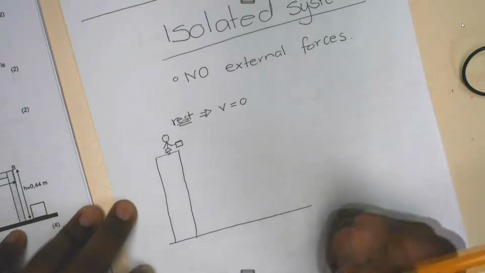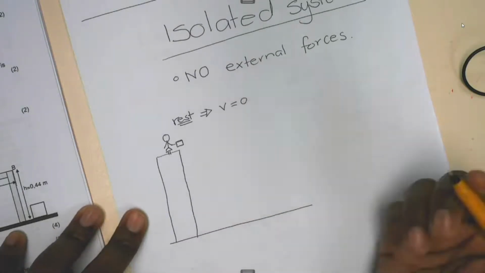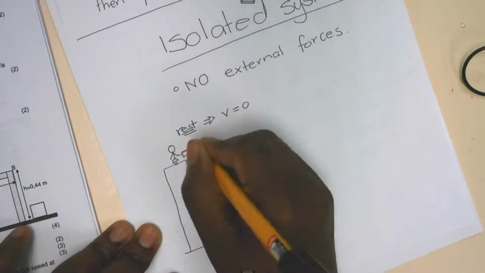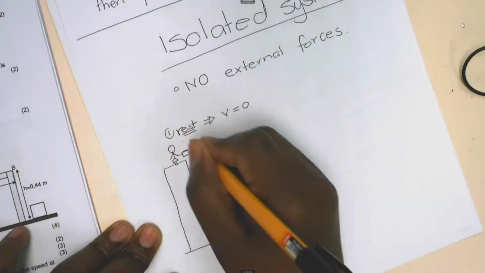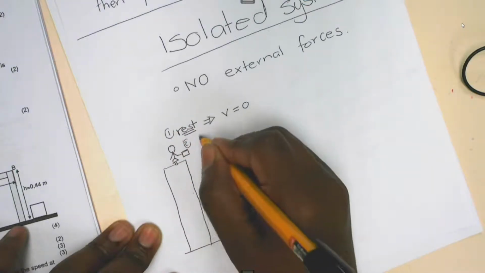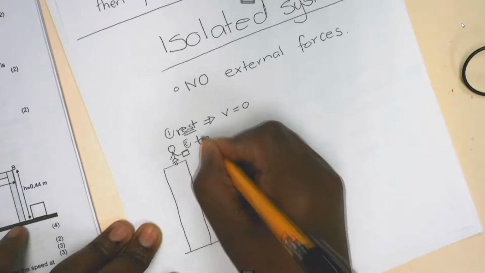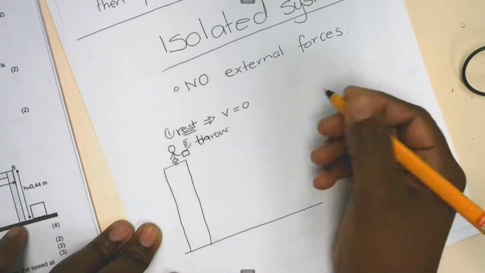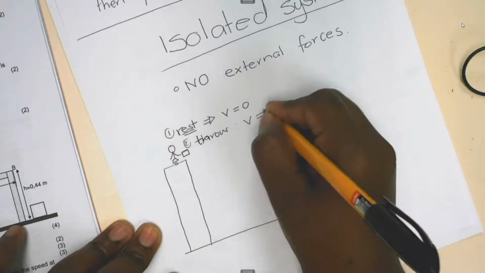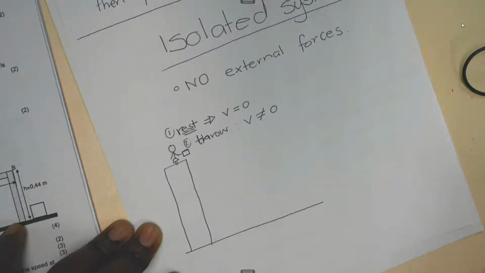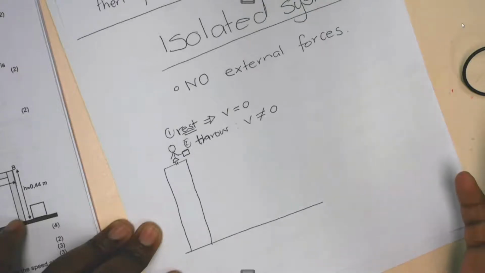But the moment my hand moves, again from Newton's first law, the stone will be moving with my hand. So this was scenario 1. Scenario 2: if my hand moves, that means now I throw this stone, then the velocity is not 0. So the kinetic energy of the object will also not be 0.